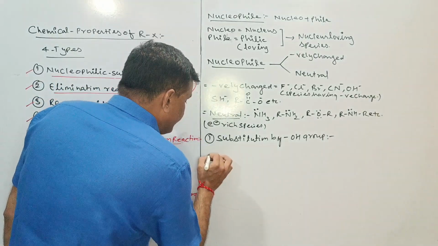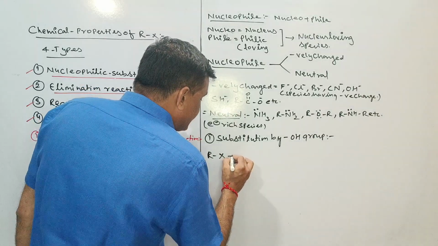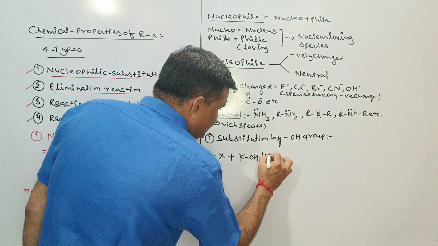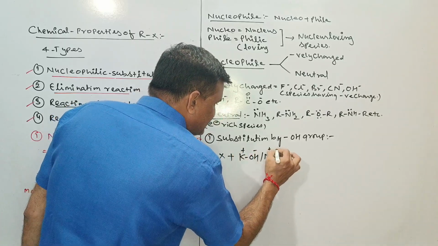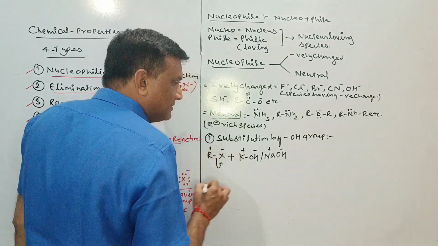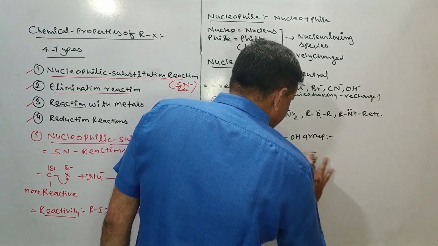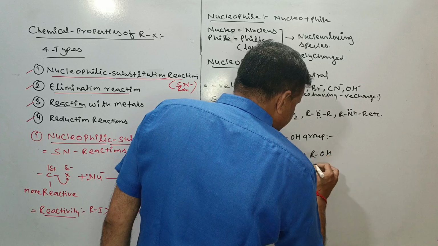Regarding this, we take an alkyl halide and treat it with either aqueous KOH or aqueous NaOH. It will dissociate like this. Electronegativity of X is larger than the alkyl group, so there will be formation of ROH as an alcohol.